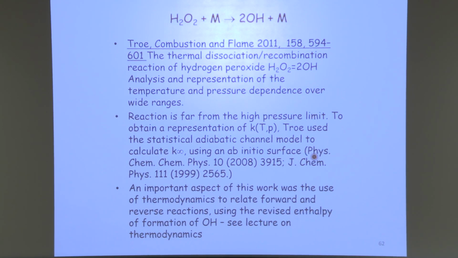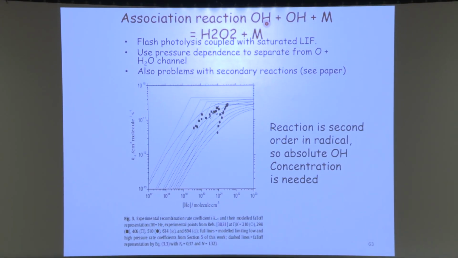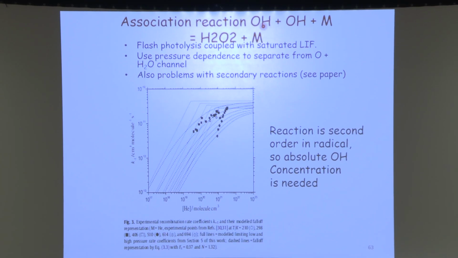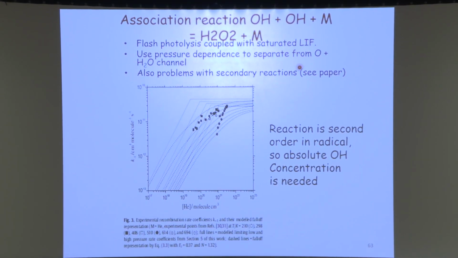A lot of people studied this already to try to figure out what's happening. You can try to run it reverse, so take the two OHs and react them. And so OH is easy to probe by laser-induced fluorescence. And so people tried flash photolysis to do that. However, when two OHs come together, they can recombine to make H2O2, but they can also do other things.